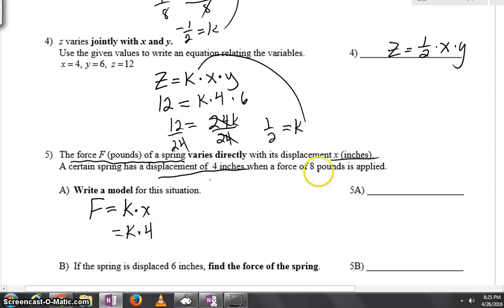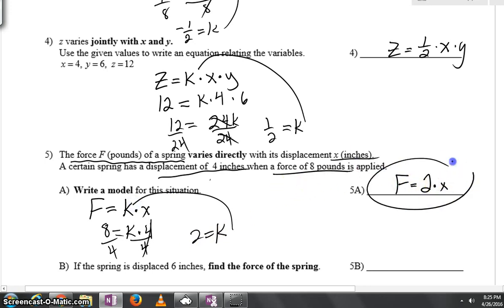And you can see the force that they're telling us about is 8. So 8 is equal to K times 4. Divide both sides by 4. You'll get K is equal to 2. Now from here, that means F is equal to 2 times X. And then you're done.